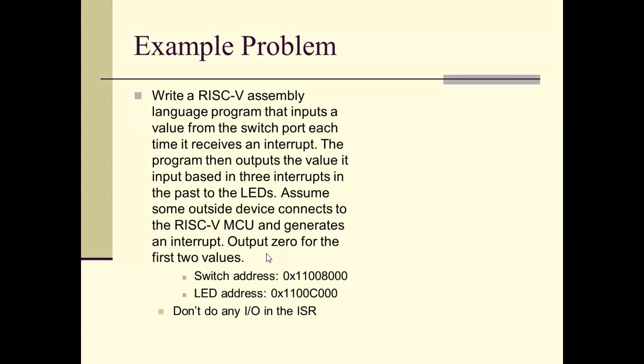So every time I get an interrupt, I'm going to shift those registers around. It's kind of like a program that implements a shift register, shifting values through registers. It could be done very easily in memory as well.